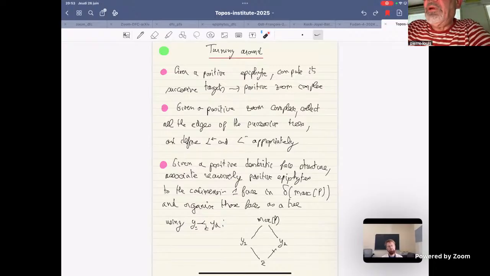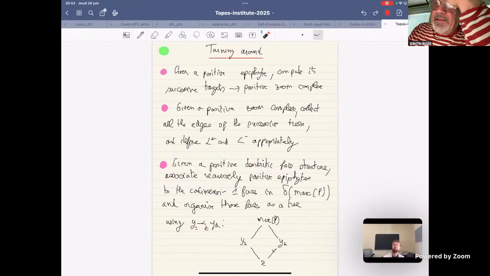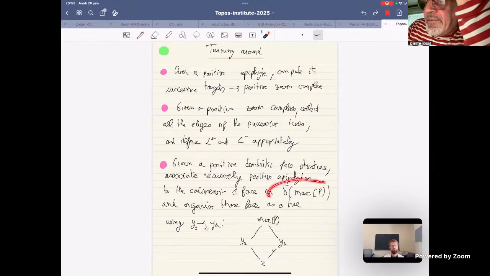But of course, we will need to define exactly the poset, the subface relation appropriately, but the data are enough to define it. And finally, given a positive dendritic phase structure, we can inductively associate epiphytes to all the codimension 1 faces of the maximum of the poset.